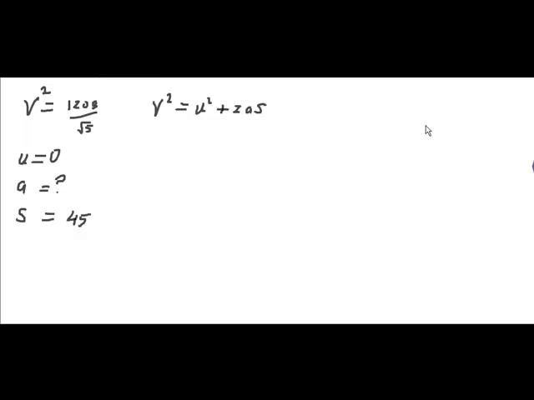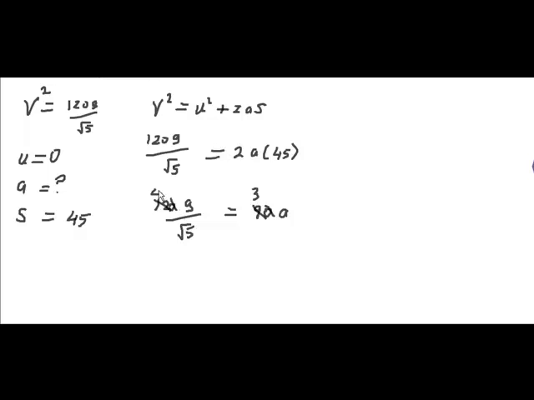So we've got 120 g over root 5 is equal to u squared, which is 0, plus 2as, which is 2a by 45. 120g over root 5 is equal to 90a, and the 0 cancels on both sides. 3 goes into 9 3 times, 3 into 12 goes 4 times.